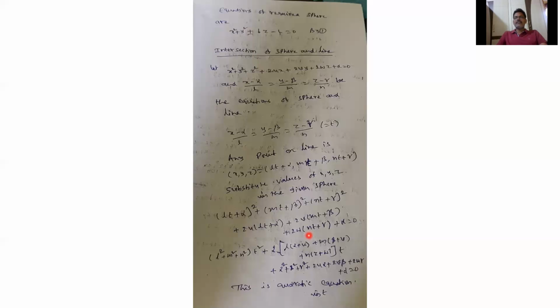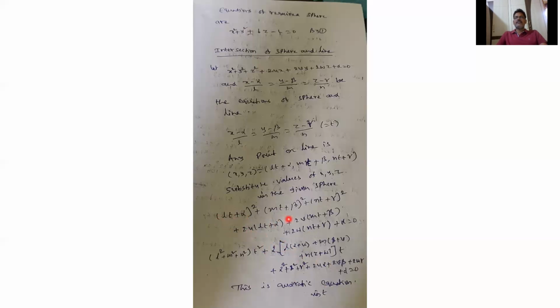Taking 2t common in every term, we get 2 l alpha t plus 2lu t, so taking l common, l times (alpha plus u).